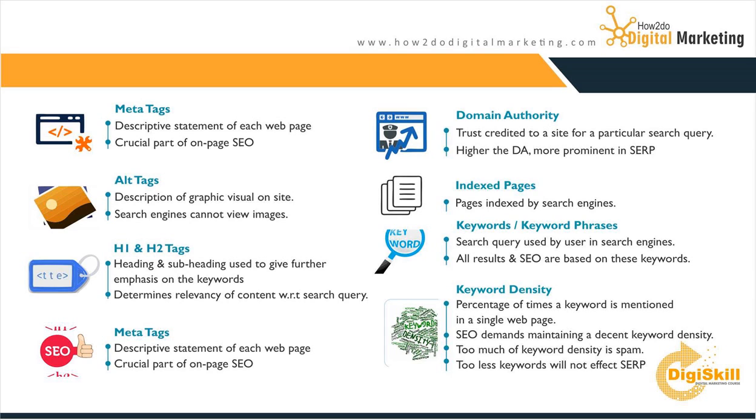Alt tags are essentially a descriptor of any image that you put on the website. Search engines are unable to view an image and understand what it is, so you have to describe to the search engine what the image is. For instance, you might have an image of Miley Cyrus on your website.